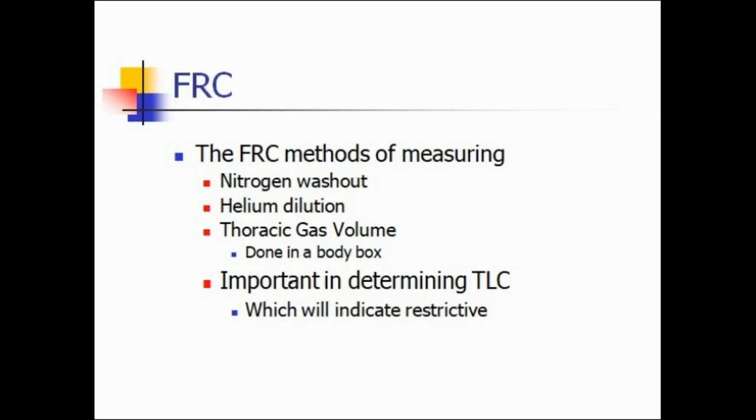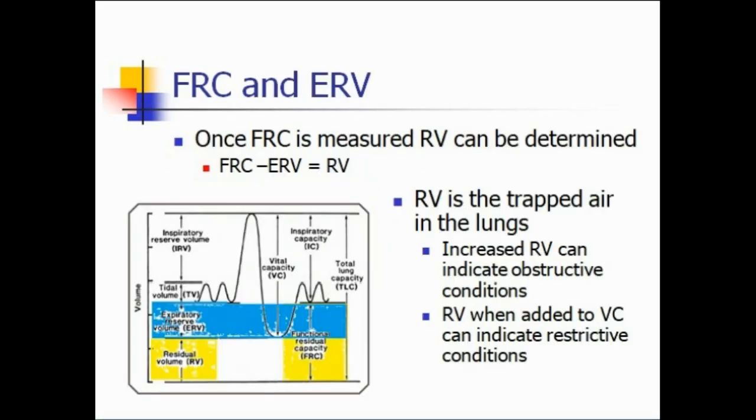FRC is important to determine the TLC. As I noted earlier, TLC indicates if there is a restrictive problem. Once FRC is measured, we then can identify how much the residual volume is, simply by subtracting the ERV from the FRC. And that gives us the residual volume.